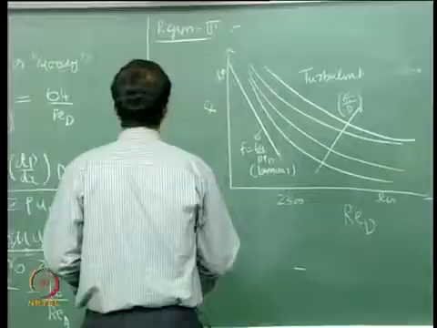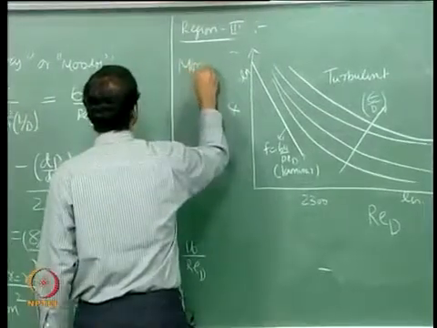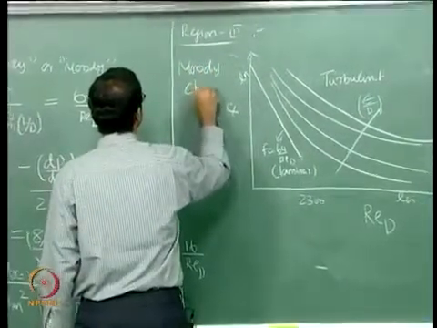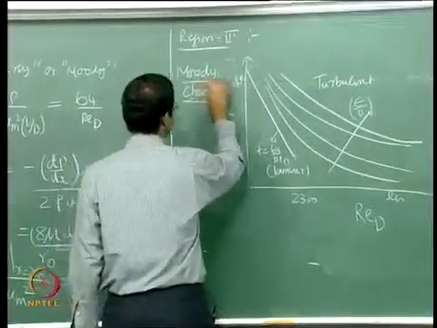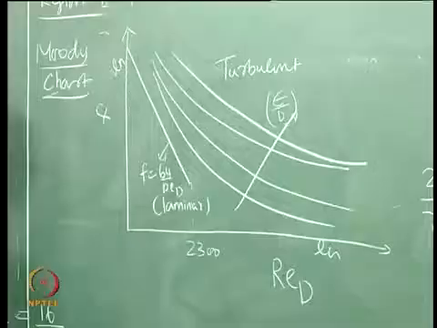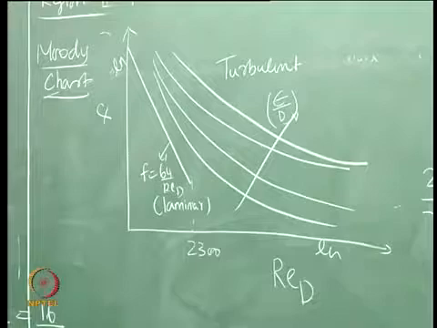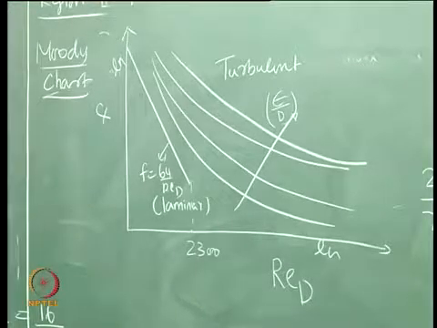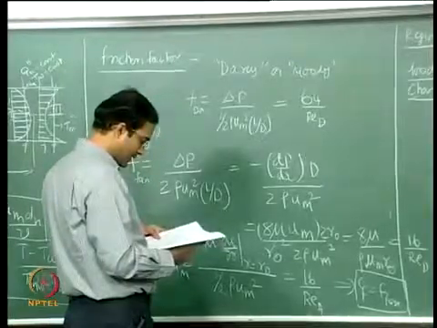This is called the Darcy or Moody chart, from which you can pick up, for a corresponding value of Reynolds number, the exact value of the friction factor. I think all of you are familiar with this.